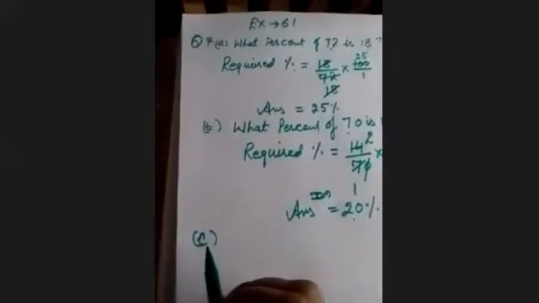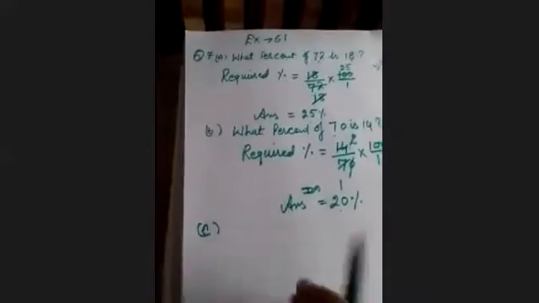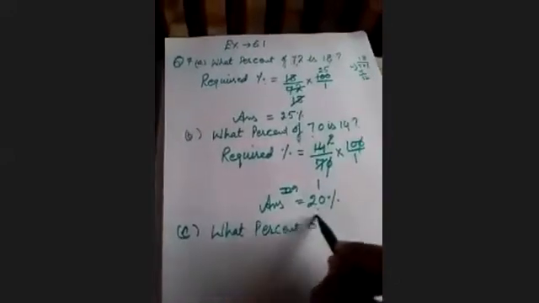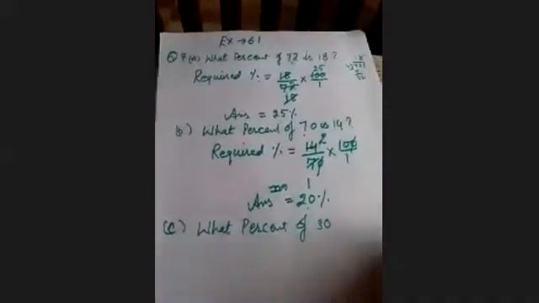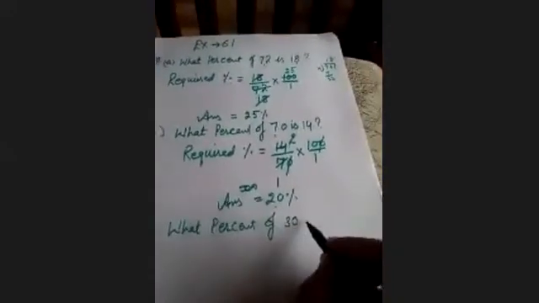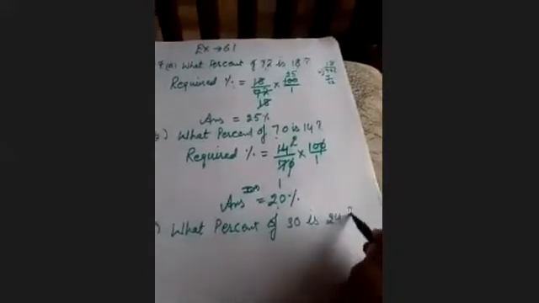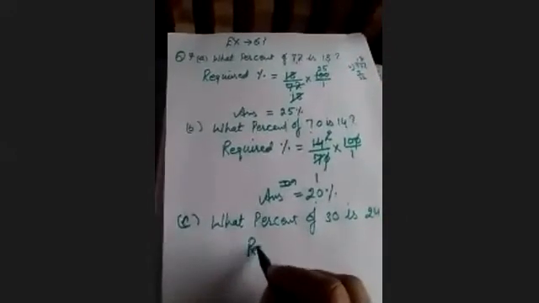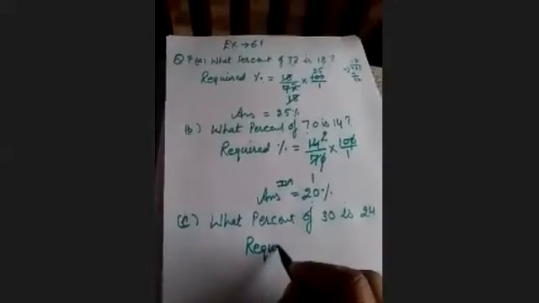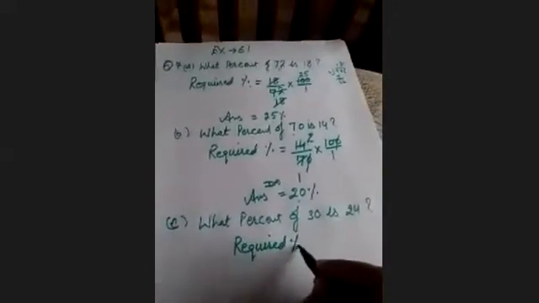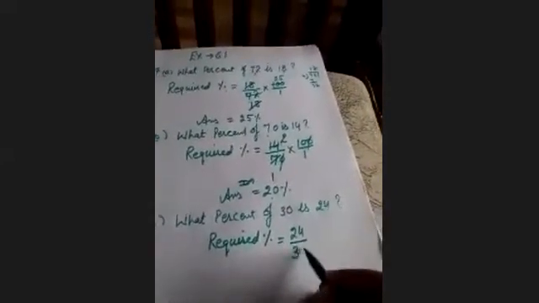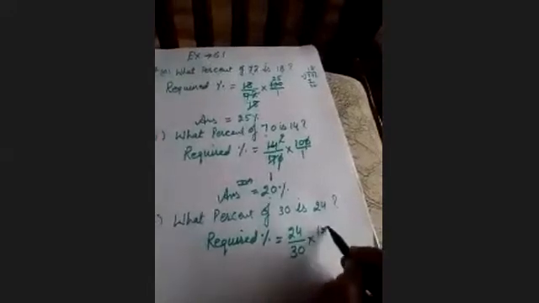What percent of 30 is 24? Required percentage is 24 upon 30 multiplied by 100.